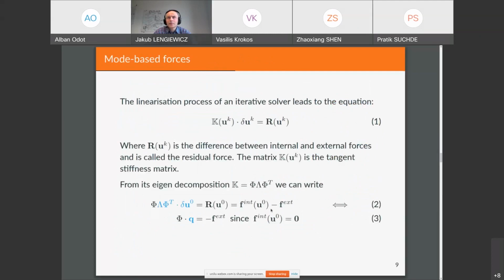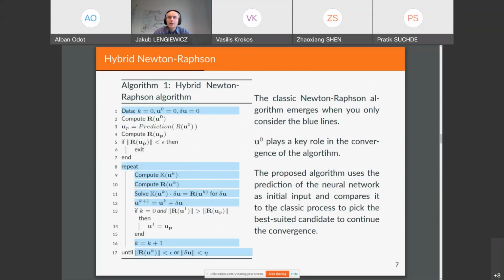Normally for your neural network prediction, your UP, the argument is your force vector. Yep. So it's the force vector computed from the null displacement, so it's only external forces. External forces, exactly. Okay. Now I understand it much better. I did not see this. Okay.